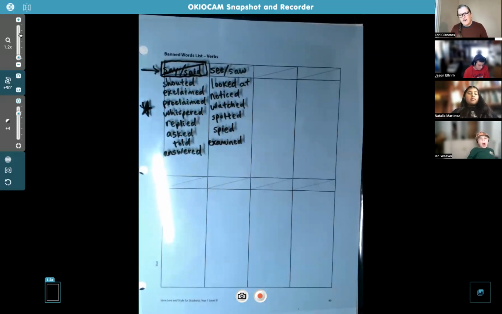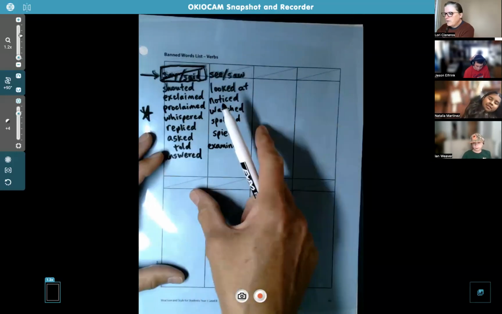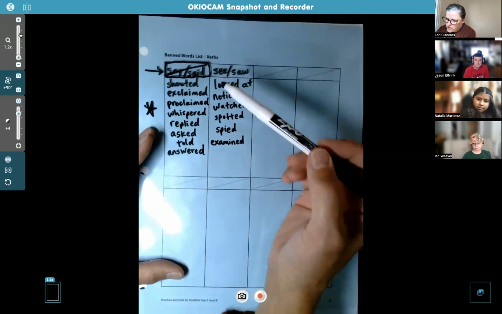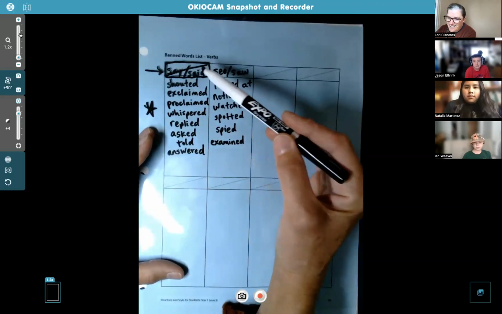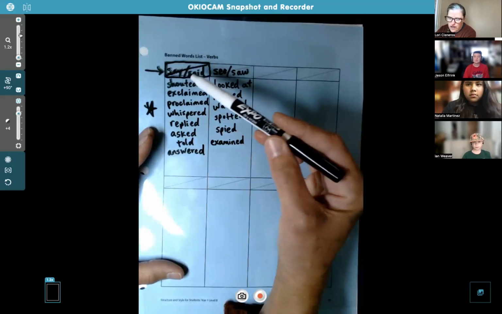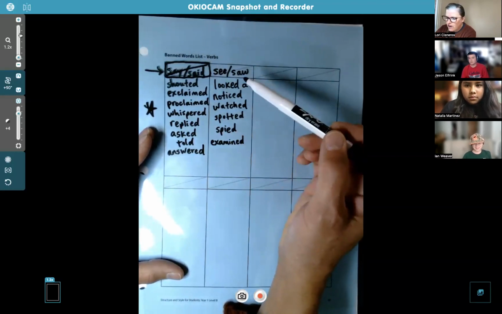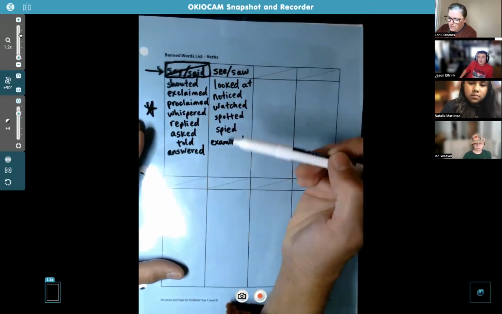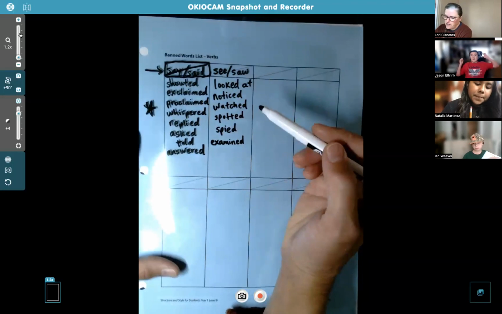It is going to get harder and harder because I'm going to take away more and more words. But just for today, we're just taking away say, said, and see/saw. By the way, seeing or saying, those are also banned. So any form of these words, say, said, see/saw, are no longer allowed because they're boring. That's why. It's going to make you think of better words to use.